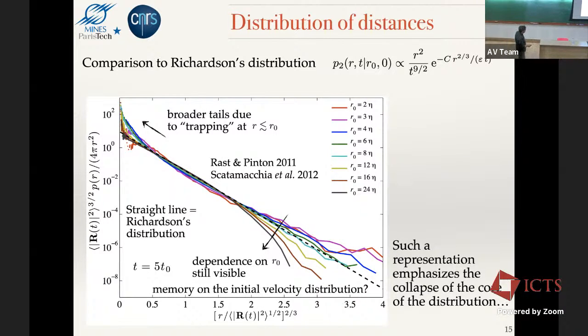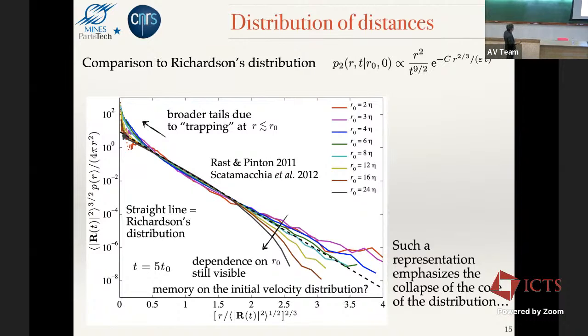You represent R divided by its standard deviation to the power 2/3, and you multiply P of R by this factor and divide by R squared, so that the Richardson distribution in these variables is just the dashed line.